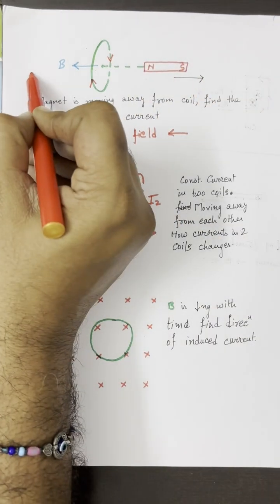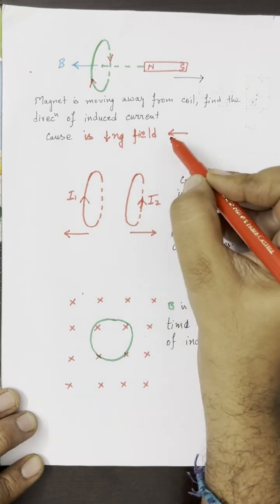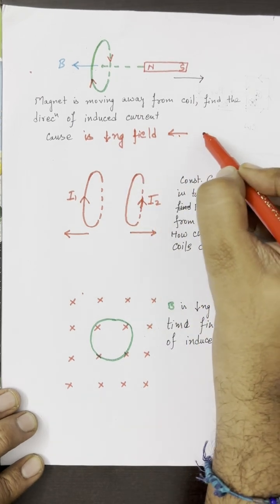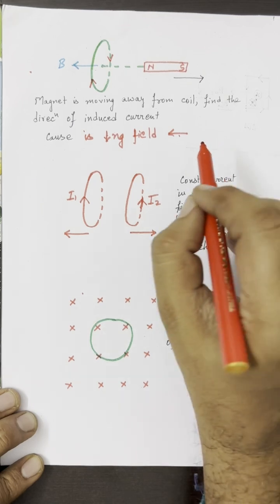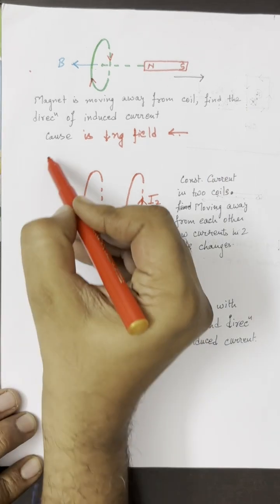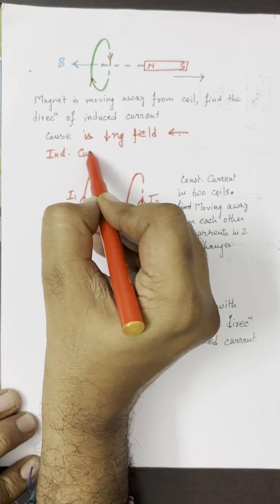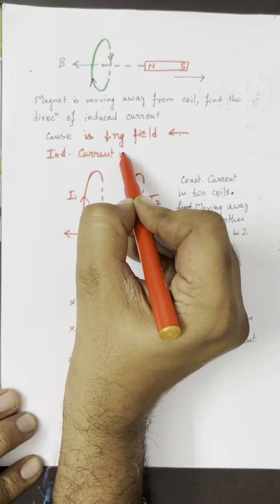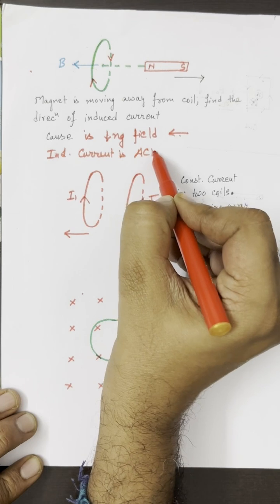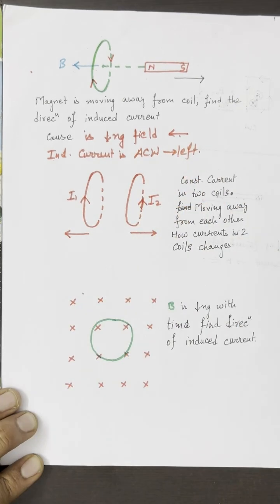That is, as seen from here, it has to be in the clockwise direction. So the cause is the decreasing field towards left, so the effect, that is the induced current, will be in the anti-clockwise direction as seen from the left. So induced current is in anti-clockwise direction as seen from towards left.